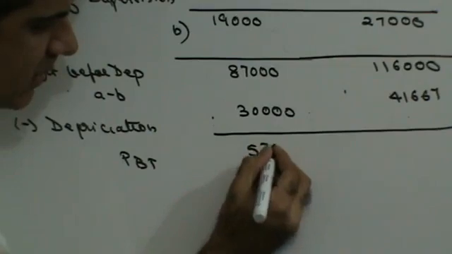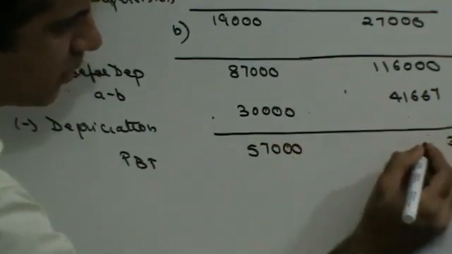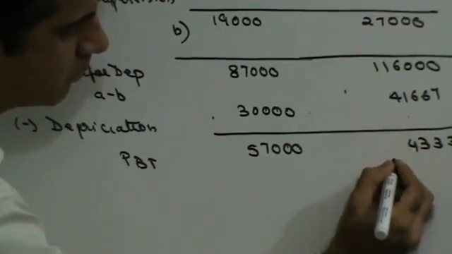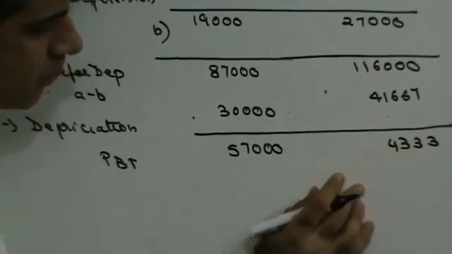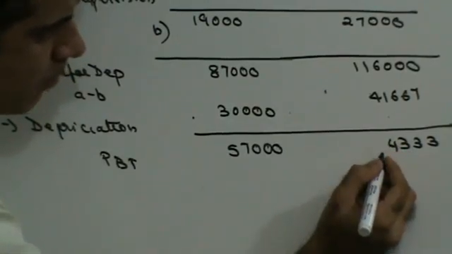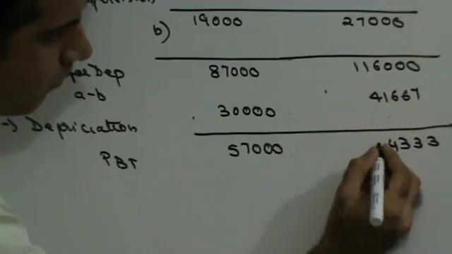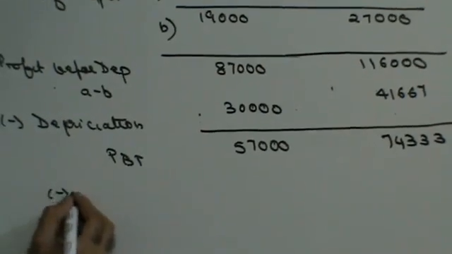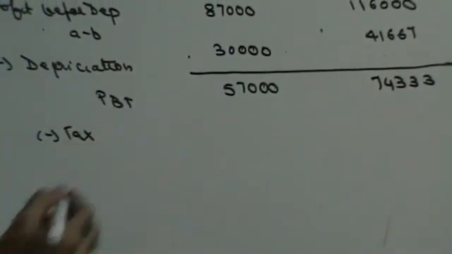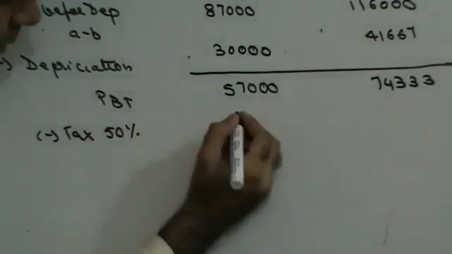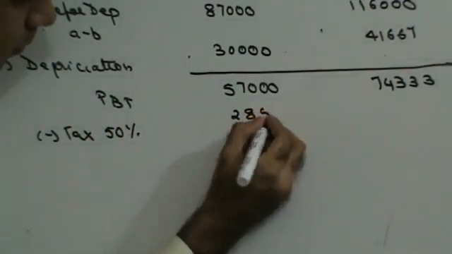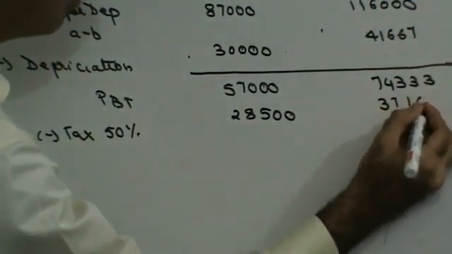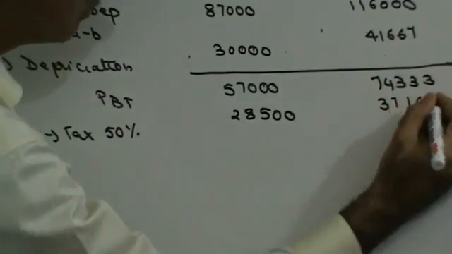This is going to be 57,000 and 74,333, right? Less tax. Now the tax rate is given to you as 50%. That is 28,500 and 37,166.5.